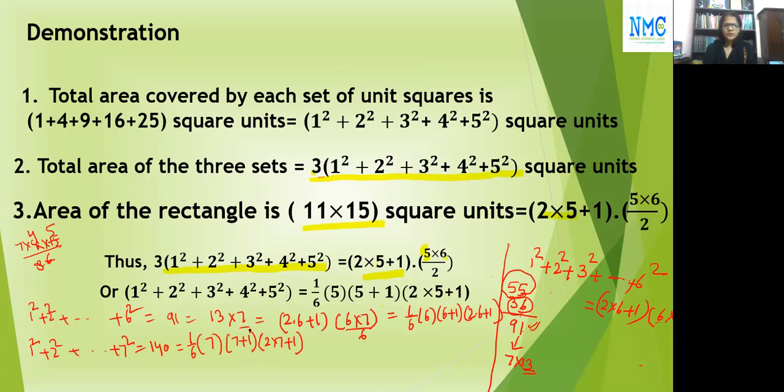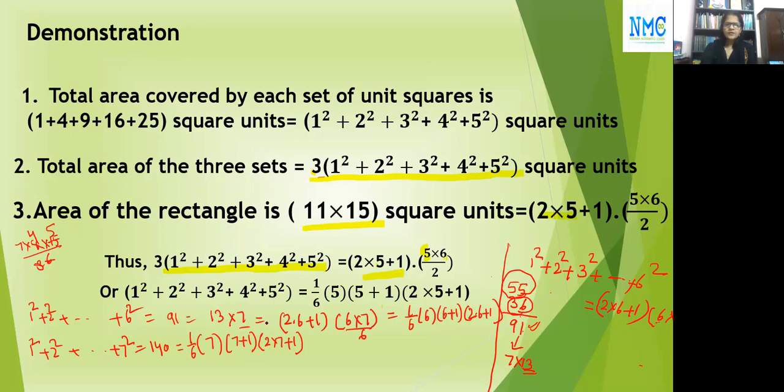When you are taking up to 6 square, it is 1 by 6 of 6 into 6 plus 1 into 2 into 6 plus 1. And when you take 1 square up to 7 square, you are getting 1 by 6 of 7 into 7 plus 1 into 2 into 7 plus 1. So you are getting a consistent pattern.